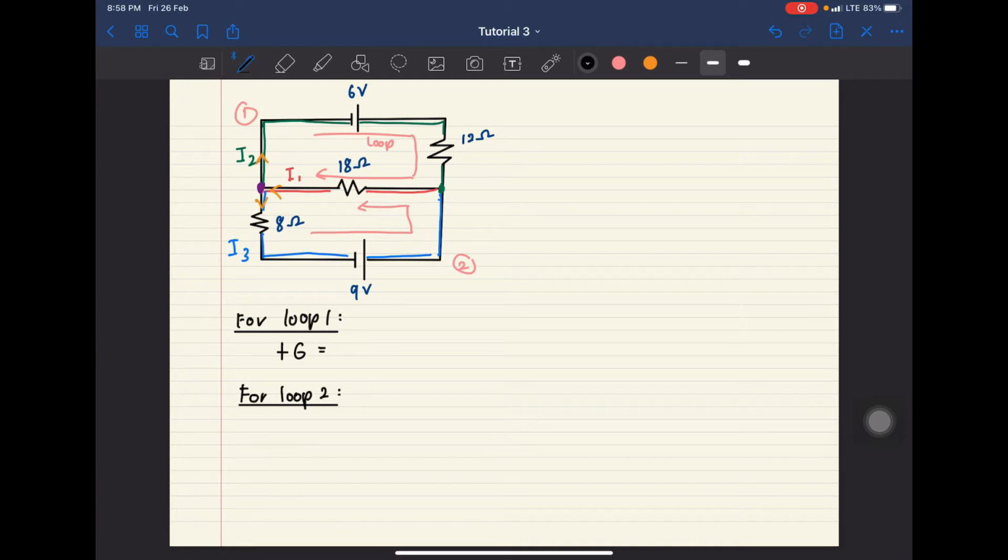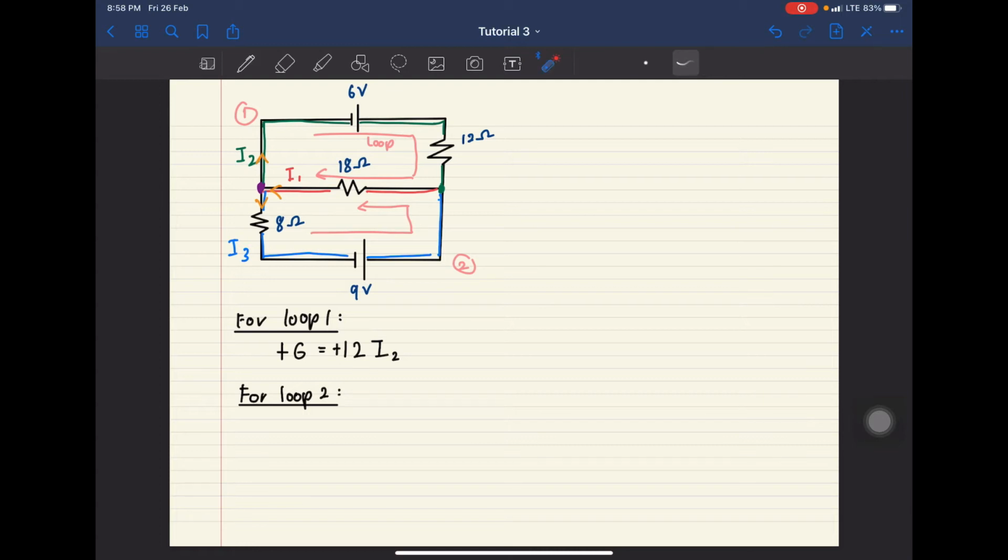or the voltage drop, which is for the resistor. Okay, over here we have direction of current, which is, if you follow this direction, I2, it will be downwards here. Okay, loop direction also pointing downward. So I can substitute straight away IR, which is basically I2 12. So I rewrite in terms of 12 I2. Okay, this one is positive as well because current and loop is in the same direction.